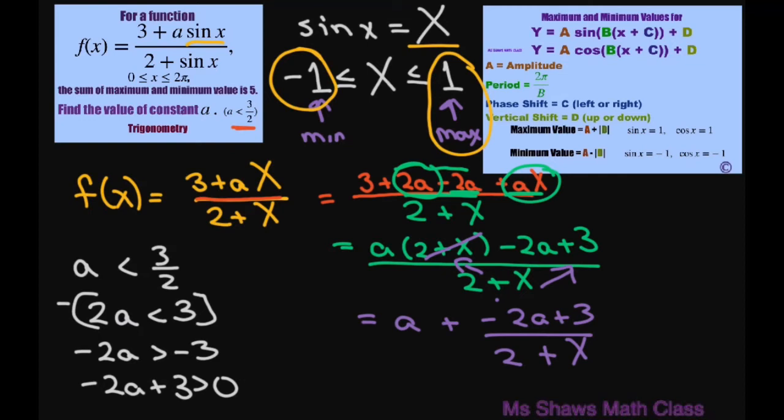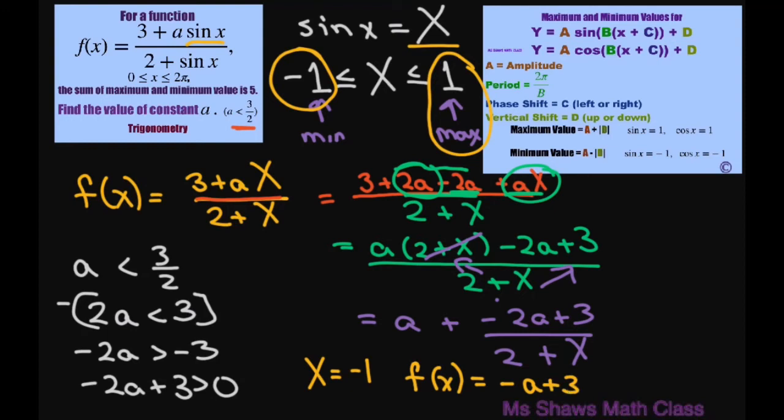So for example, when big X is negative 1, we're going to have f of x equals negative a plus 3.